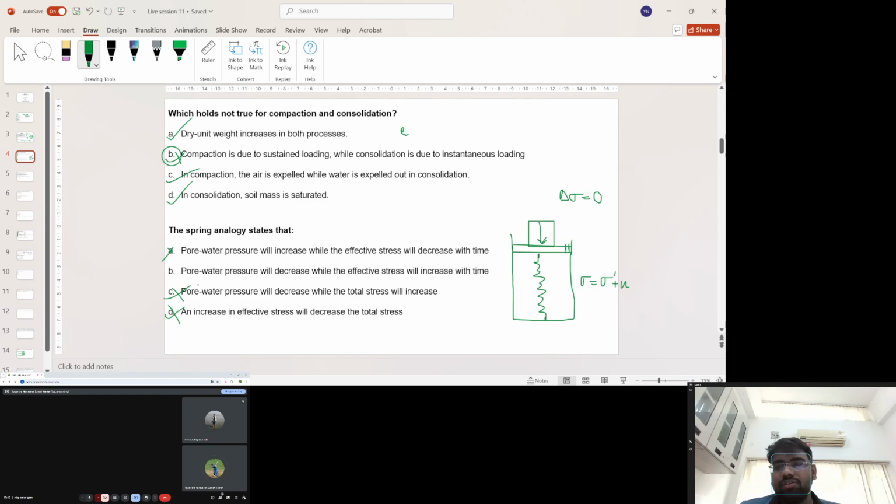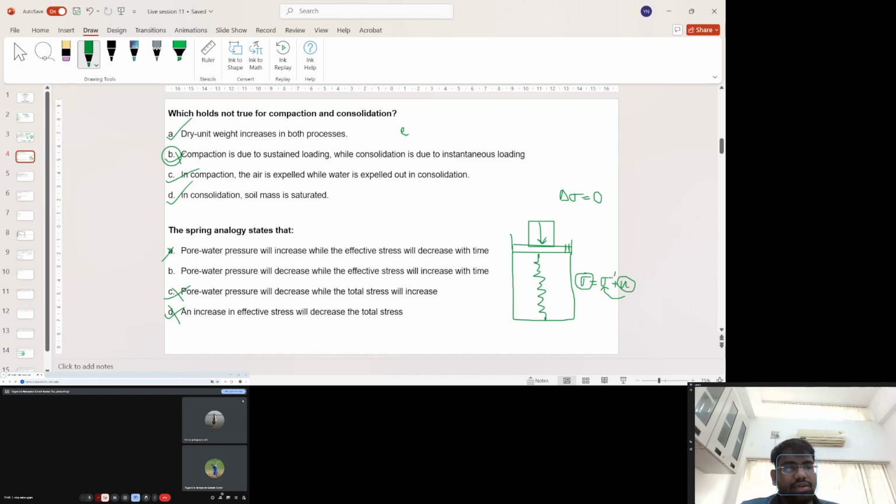Now here, pore water pressure will decrease while the effective stress will increase with time. The total stress remains constant. The pore water pressure starts to decrease, which will eventually be reflected in an increase in effective stress, because the pore water is getting expelled.